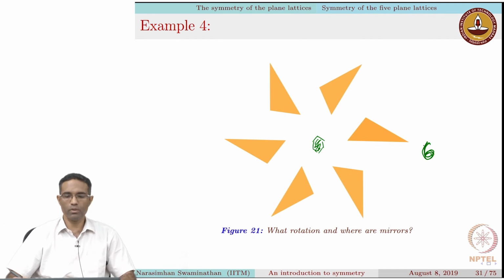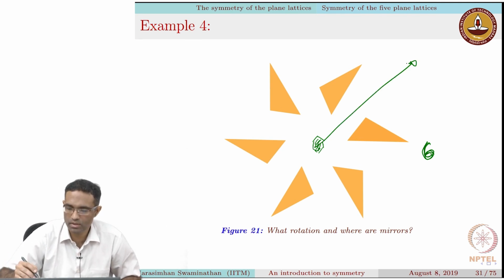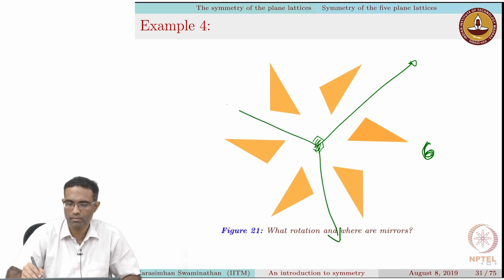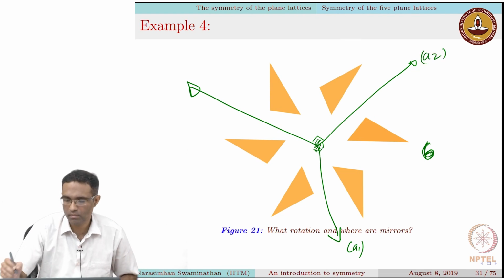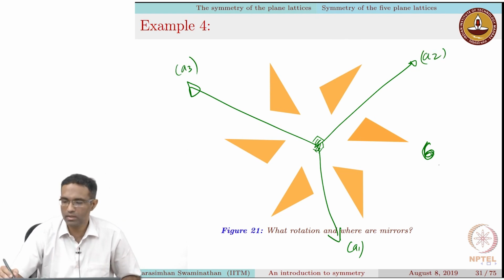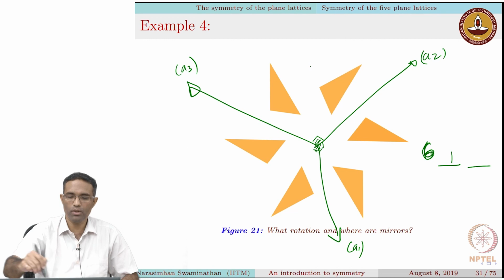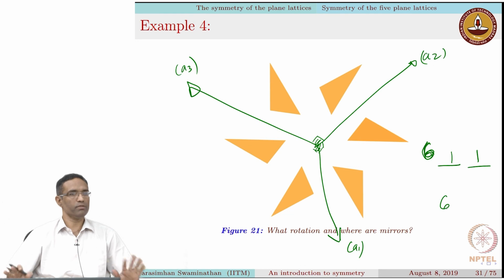You naturally want to think of the same set of mirrors, right? Are there mirrors? No. Is the other mirror there? Basically, is A1, A2, A3 itself a mirror? No. So this is just 6. The point group of this pattern is just 6. Okay.